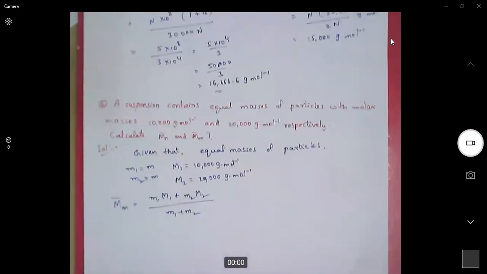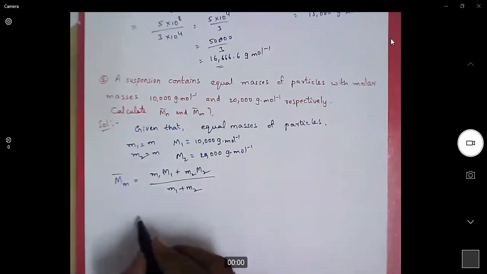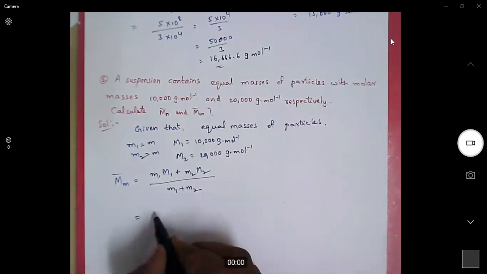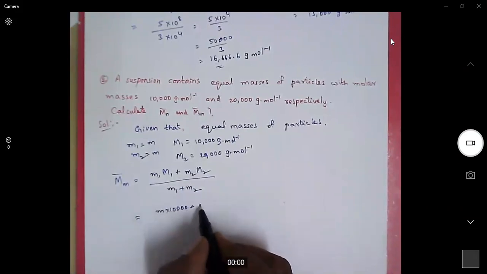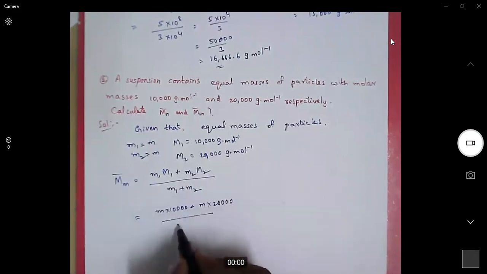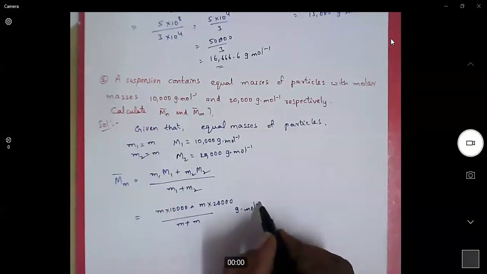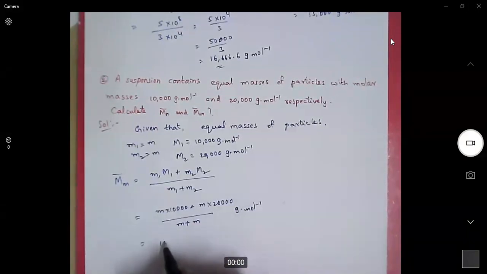Now from this we can calculate the mass average molar mass. m into 10,000 plus m into 20,000 by m plus m grams per mole. It comes around 15,000 grams per mole. So it is similar to the previous problem.